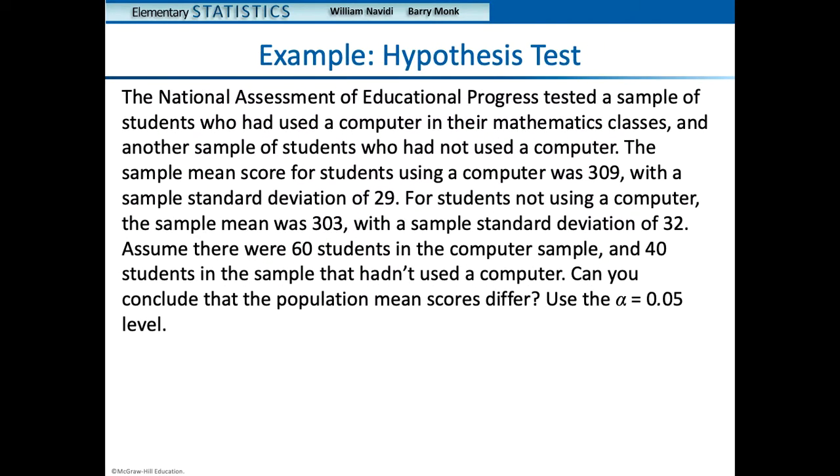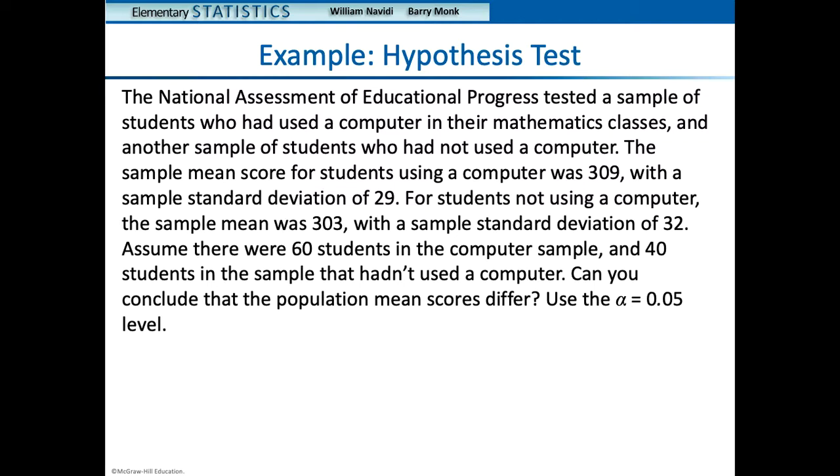So let's go back to our example, right? The National Assessment of Educational Progress tested a sample of students who had a computer in their mathematics classes, and another sample of students who had not used a computer. The sample mean score for students using a computer was 309, with a sample standard deviation of 29.